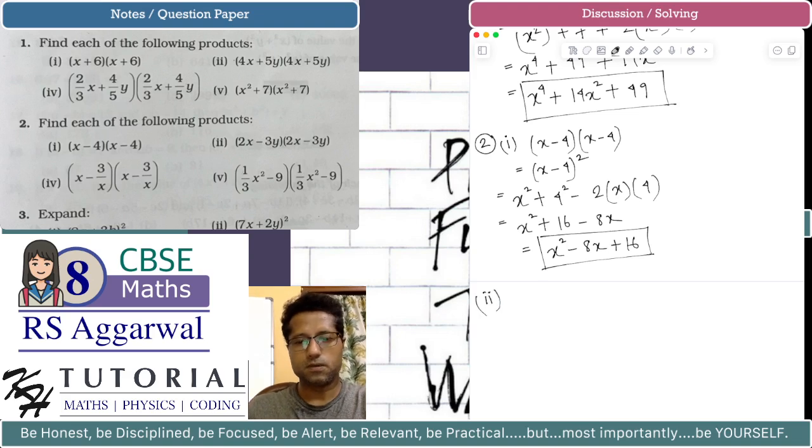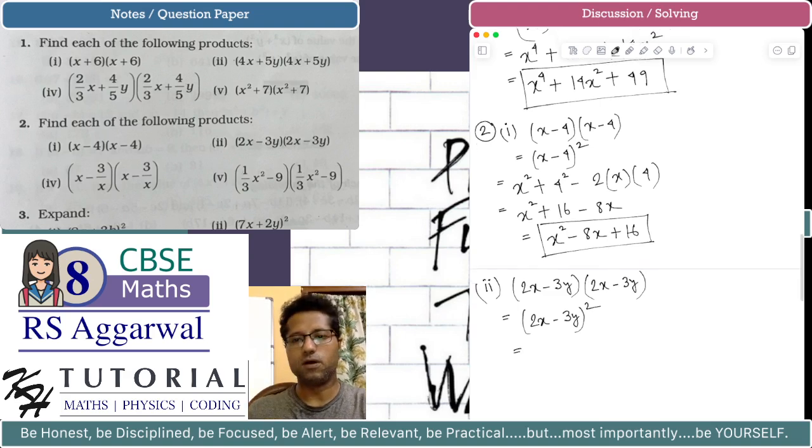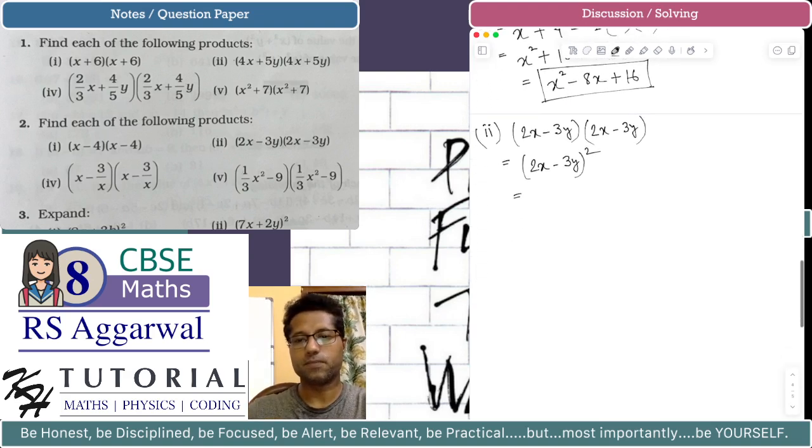Part 2, we have 2x minus 3y multiplied by 2x minus 3y. This is equal to 2x minus 3y whole square. Now we can apply the formula of a minus b whole square.